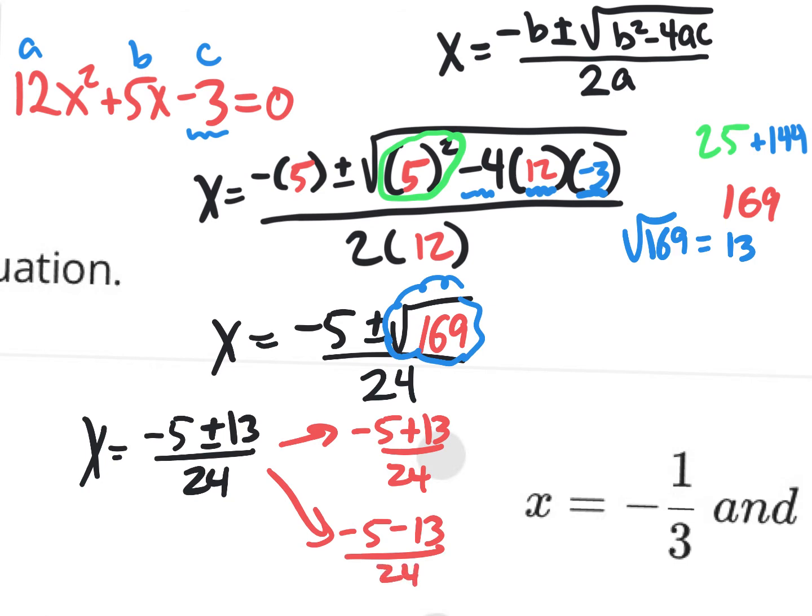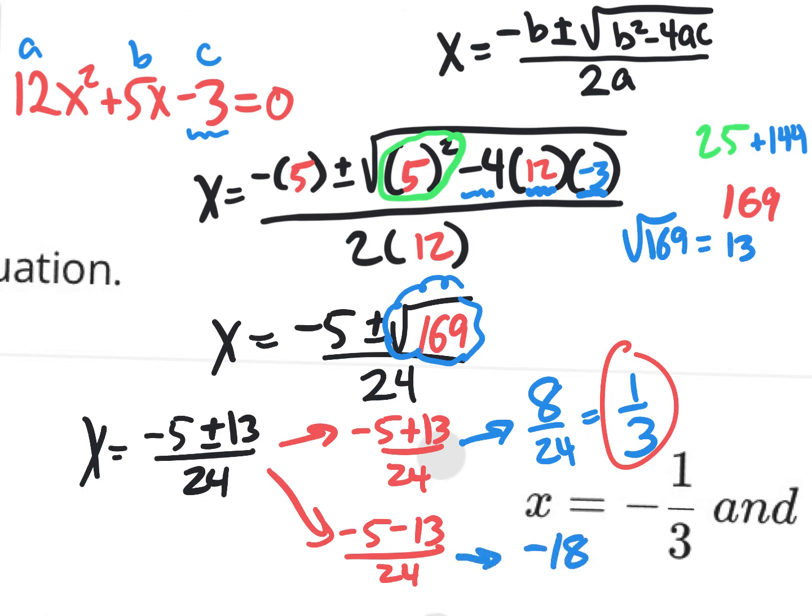When I go -5 plus 13, that will be 8, and 8 divided by 24 reduces by 8 to give you 1/3. So 1/3 is an answer. Now the other situation, -5 minus 13, will be -18 over 24, and that you could reduce by 6, which gives you -3 over 4.